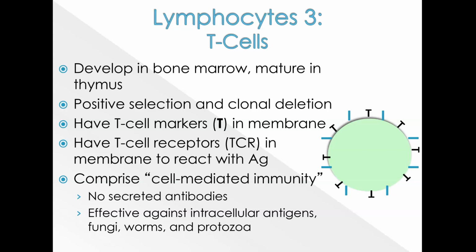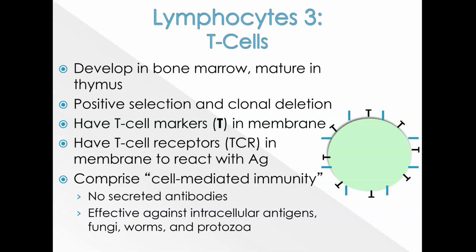All right, so again, the other major type of cell of our adaptive immune response are T cells. These also develop in the bone marrow, but then they migrate to our thymus and mature there. In our thymus, they also undergo clonal deletion, which I'll talk about later, but they also undergo a process called positive selection. T cells have to be able to recognize MHC type 1 and MHC type 2.